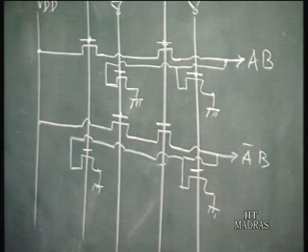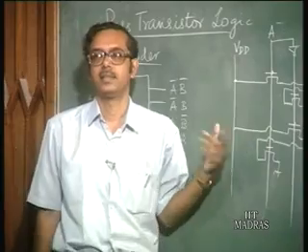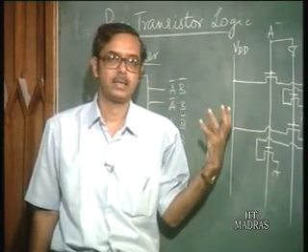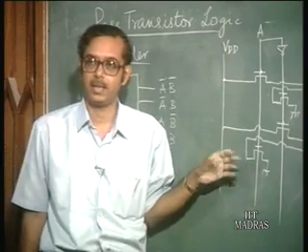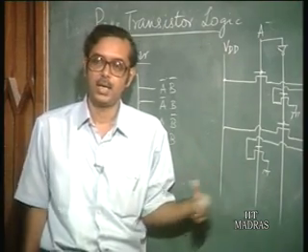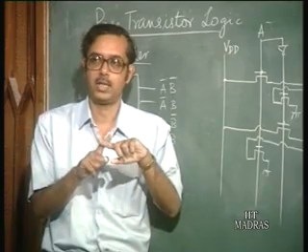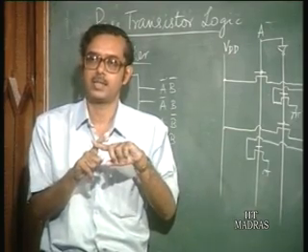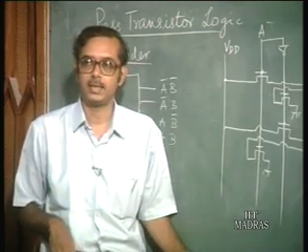The advantage here is, we had already seen that in NMOS technology, you can have the gate made of polysilicon, and when a polysilicon line overlaps a diffusion line, you have a transistor. So you see how easy it is to make this circuit.